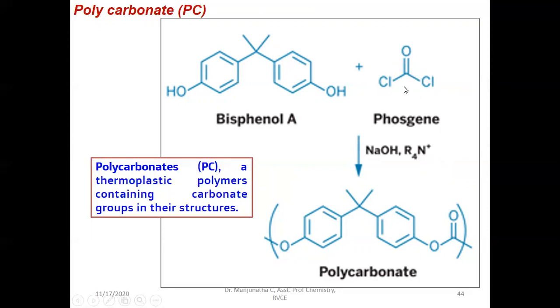There is a breaking of this bond, and this O minus substitutes here. Similarly, another phenoxide ion forms, and the polymerization continues, leading to the formation of OCOO. This will be CO in the next repeating unit. Therefore that will be carbonate.